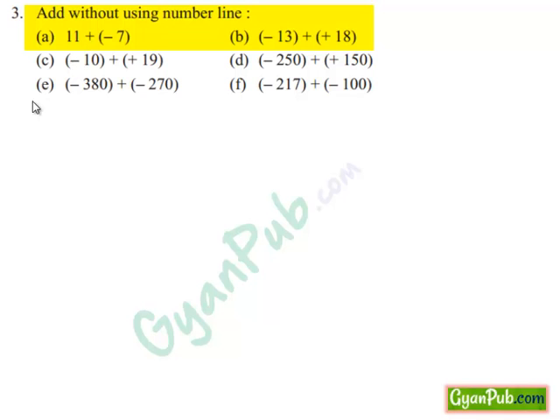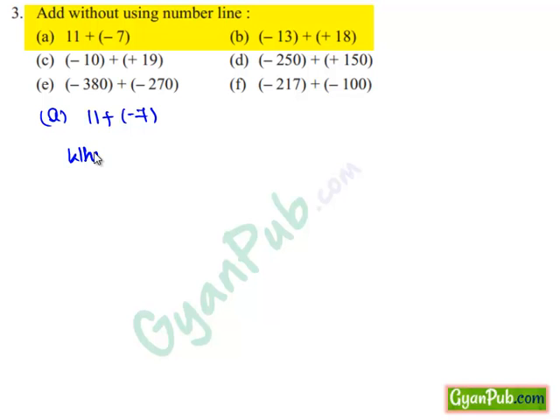Let's do the solution. Take down the A bit. 11 plus minus 7. Here we have one positive integer 11 and one negative integer minus 7 to add without using number line.